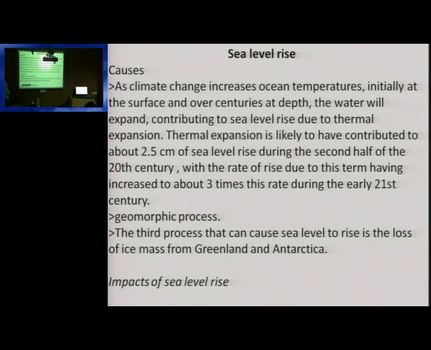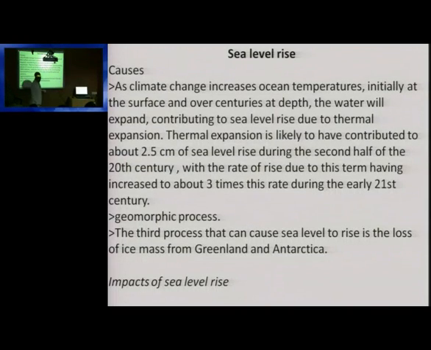When it comes up, instead of flowing in this direction, the asthenosphere will now flow in this direction to occupy the space that has been created. The entire cycle is known as isostatic equilibrium, and this is also responsible for rise and fall in sea level.